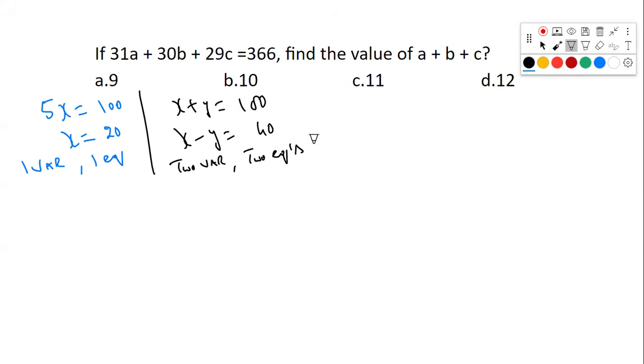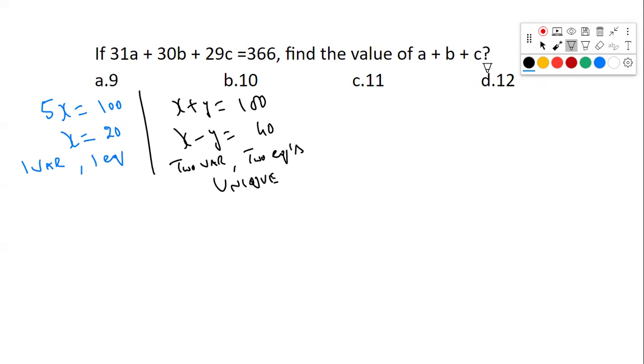Otherwise, I will not get them. With one equation, there could be multiple answers, from 99 and 1 to 98 and 2. Like that, you will have multiple x and y values which satisfy that 100. If I have to have unique values, then I need two equations.